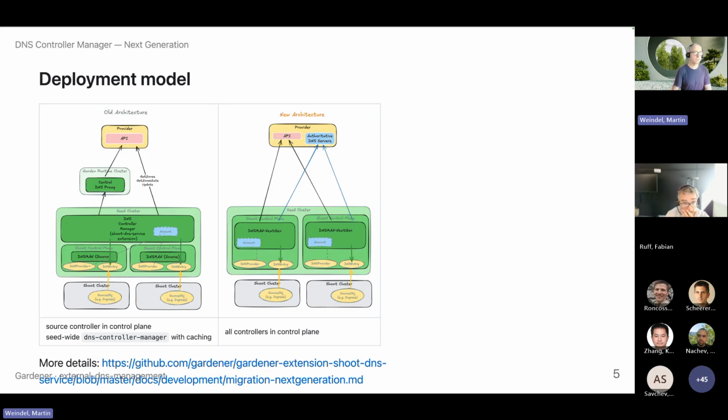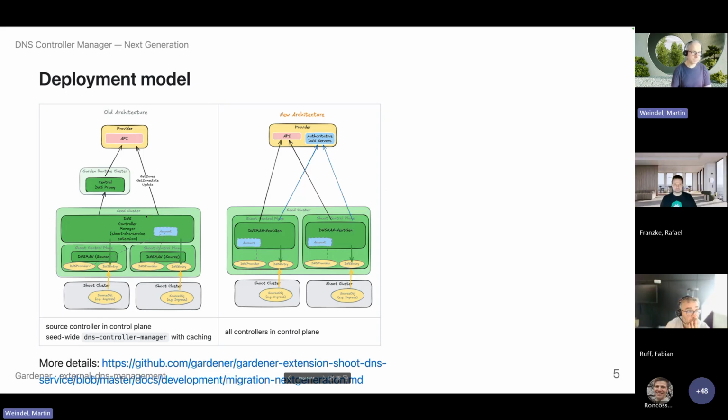So I want to shortly show how this looks currently and how it looks in the future. So in the old architecture, you have the DNS provider with an API. And on the seed cluster, you have a DNS controller manager running in the shoot DNS service extension namespace.